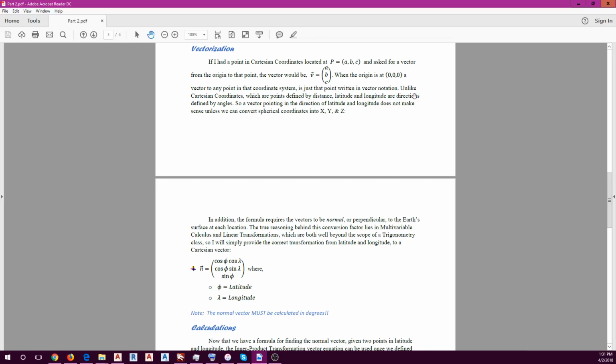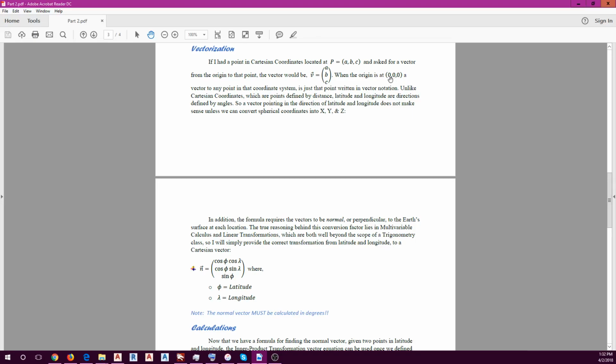So as a general rule of thumb, if you have a horizontal set of parentheses with commas, then that is a position. And if it's vertical, then that's a direction. So that's A units in the x direction, B units in the y direction, and C units in the z direction, representing it as an arrow pointed in that direction. There's no arrow here. This is just the point itself.